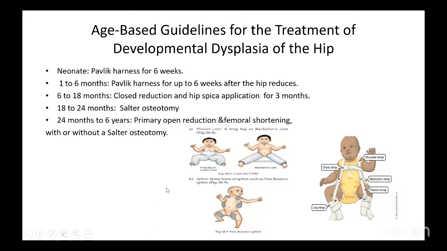After surgery also we have to apply a hip spica cast. It is also called a frog leg cast or a bachelor's cast. Here you can see both the hips are well casted and kept in abduction, because whenever there is a movement of flexion, adduction and internal rotation at the hip, the femoral head is going to be dislocated.